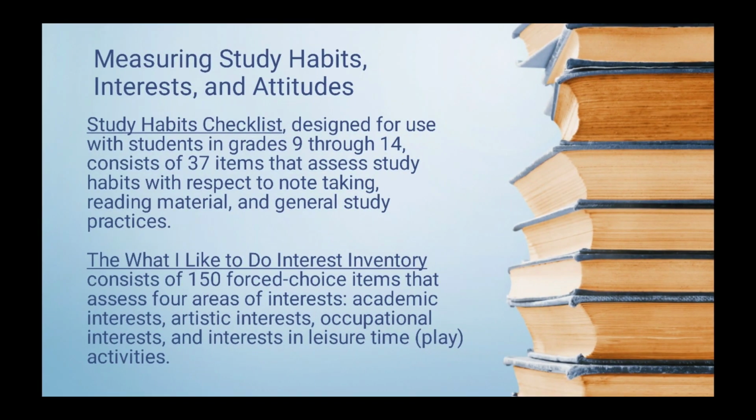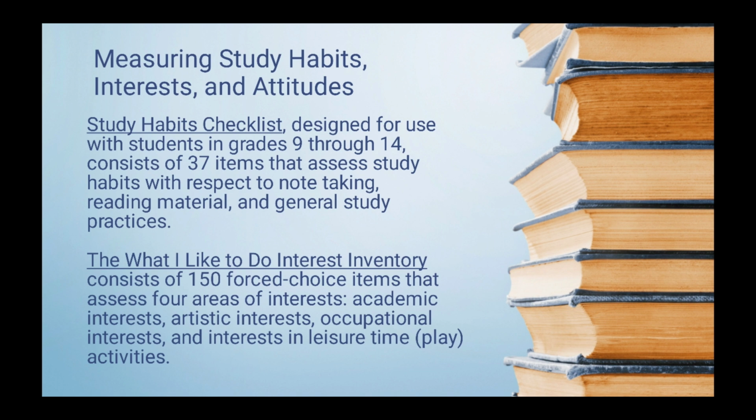Next is measuring study habits, interest, and attitude. If you want to measure the study habits of a student, you should use the Study Habits Checklist, designed for use with students in grades 9 through 14. It consists of 37 items that assess study habits with respect to note-taking, reading materials, and general study practices.